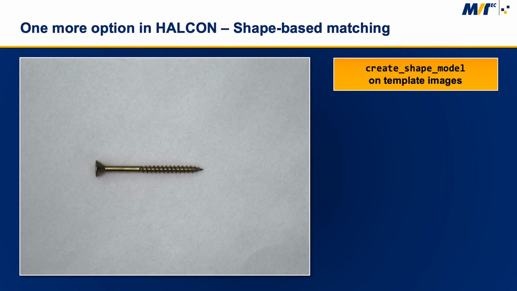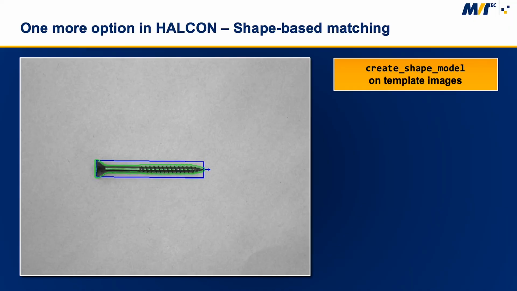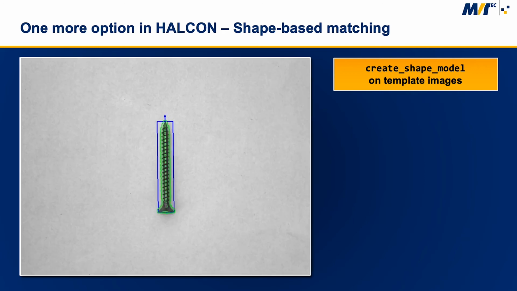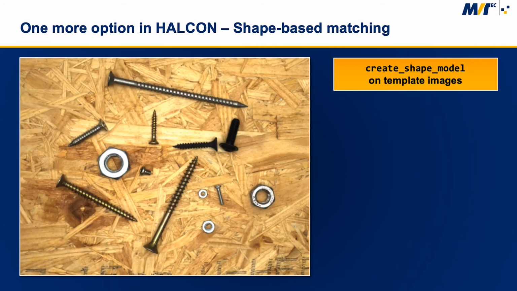For this, also here we can use the template images to have a fair comparison. So we use the white background template images and we create the shape models on these template images. So one shape model for each screw type. When we are done, we are immediately ready to apply the shape models on our test image.